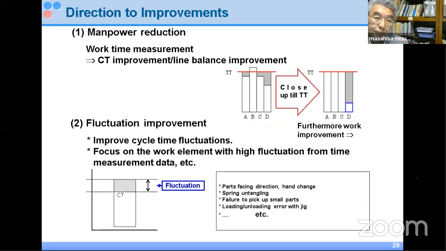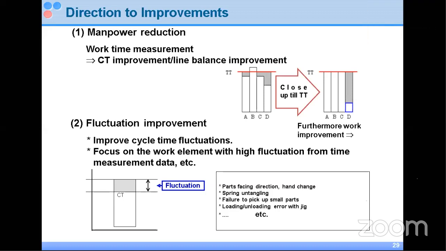And direction to improvement and manpower reduction. Manpower, in this case, you understand, number one, the worker. In this case, four workers are combined in one line, talk to time. And you can see the red line.